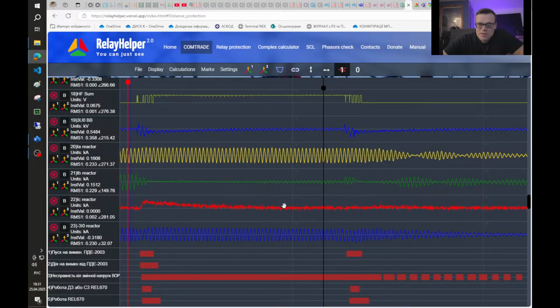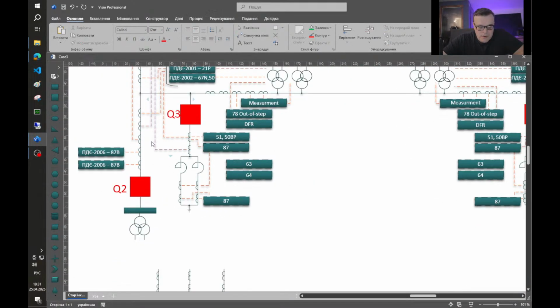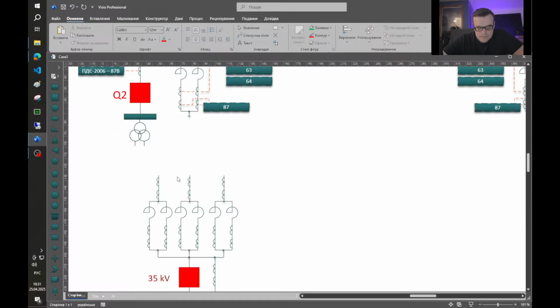This also means that during this event one phase of the reactor, phase C, was in maintenance, so we don't have this phase.